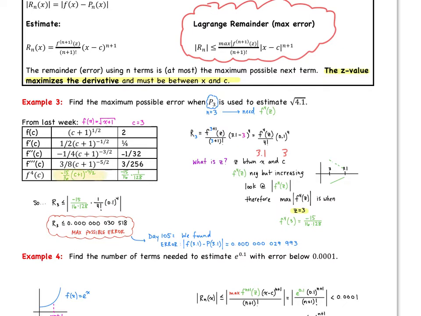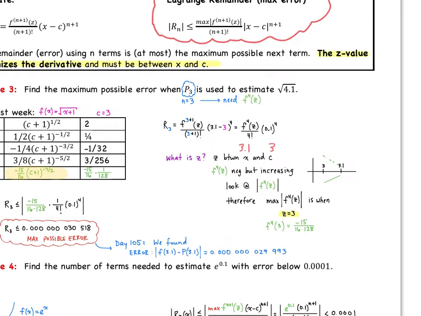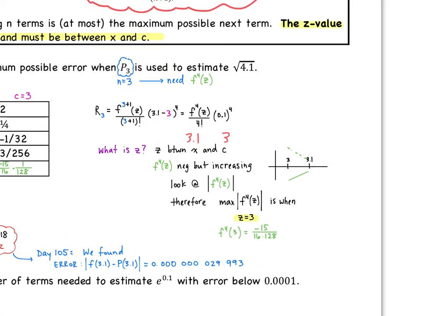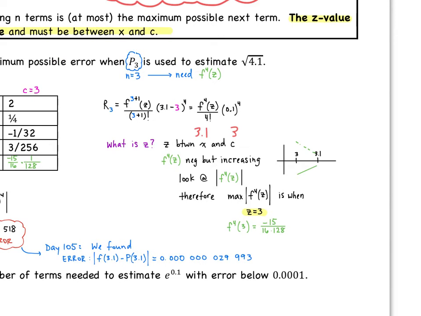So if we were to graph that, what we would notice is the graph of the fourth derivative is negative, but it's increasing. So what we have to do is really look at the absolute value of this. So if we look at the absolute value, that's going to be this right here.